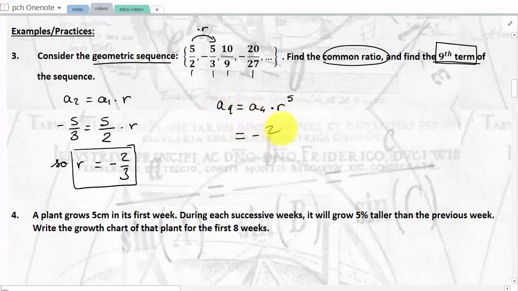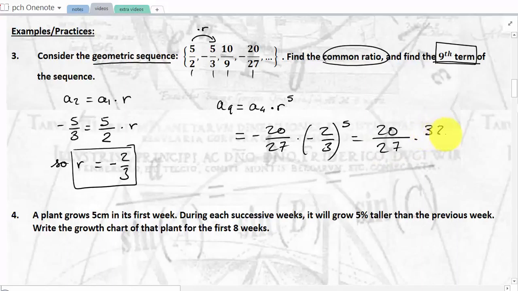So what is A9? It is -20/27 times -2/3 to the power of 5. So this is going to be a negative, which will make a positive in the product. So we have 20/27 times 32/243.